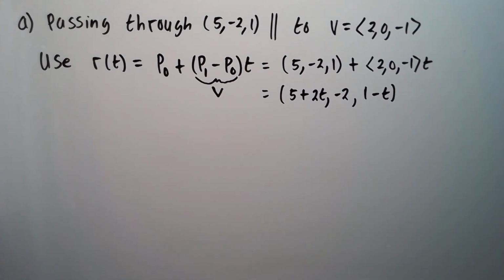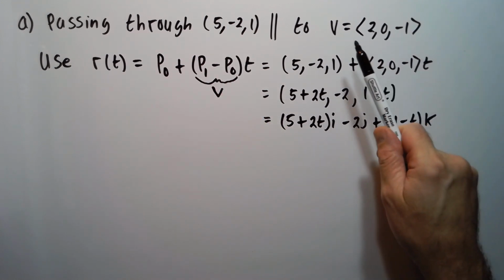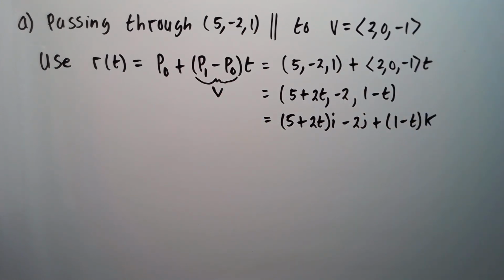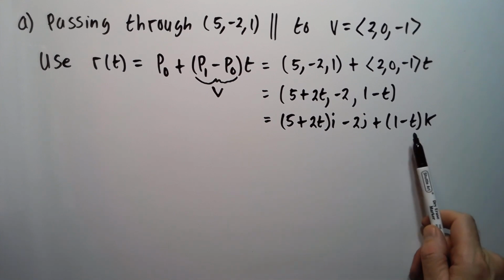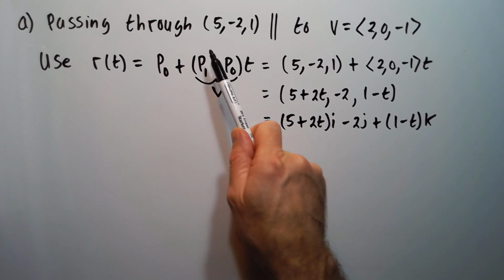Then we can write that using the ijk notation. So that would be the equation of the line through (5, -2, 1) and parallel to this vector. Just to check, at time 0, we put 0 in for t here, it'd be (5, -2, 1), so you'd be at your start point.